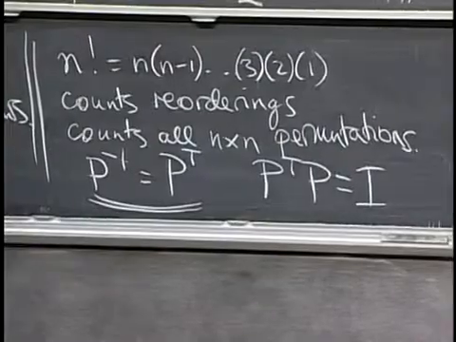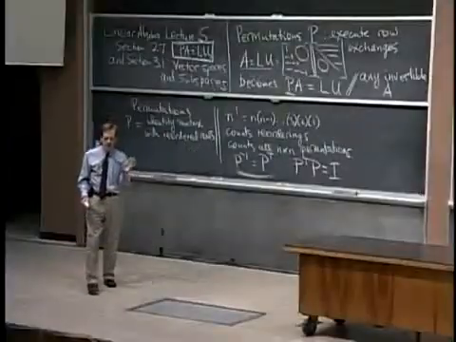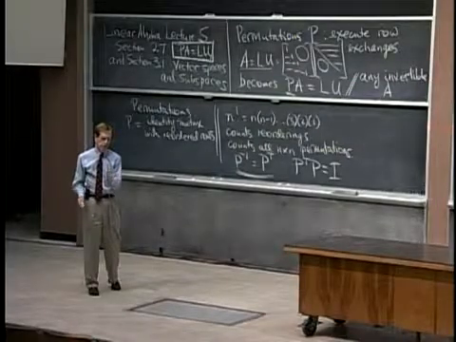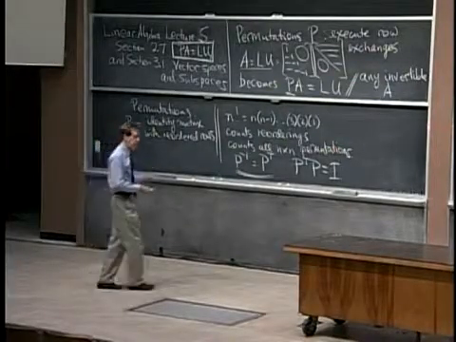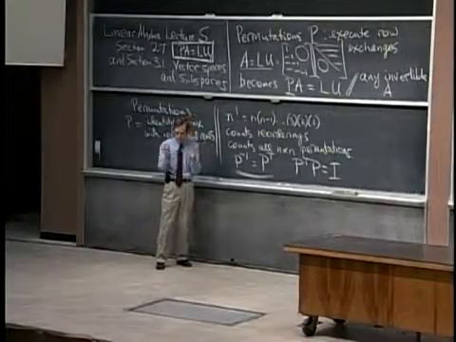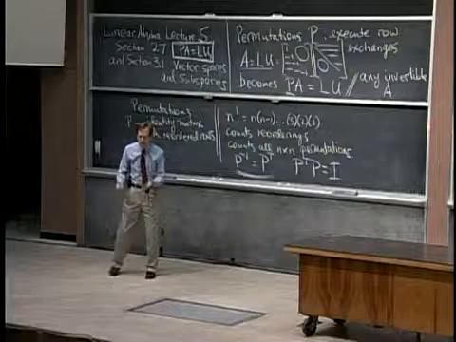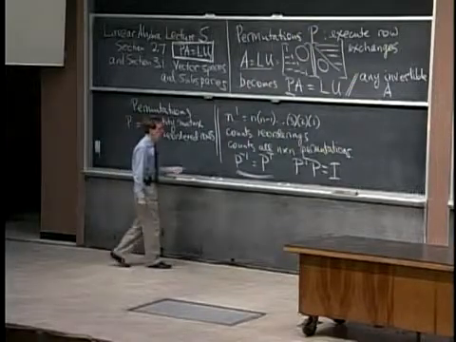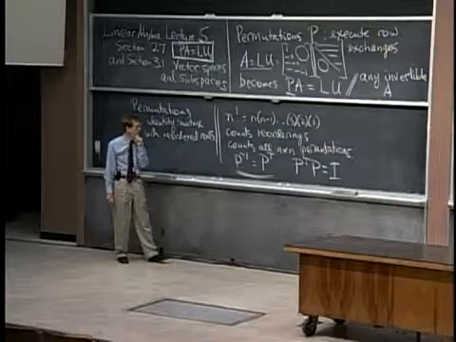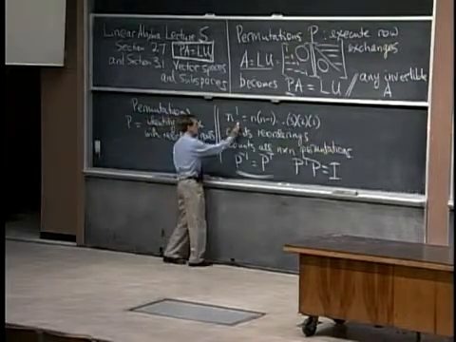We'll be interested in matrices that have P transpose P equal the identity. There are more of them than just permutations, but my point right now is that permutations are like a little group in the center of these special matrices.